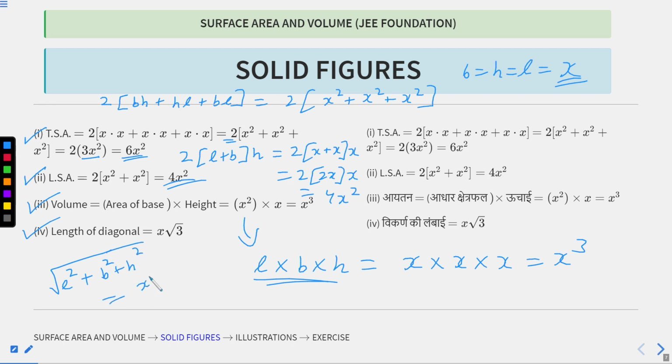Here it is the square root of x square plus x square plus x square, which equals the square root of 3x square, and we can take out x because it is x multiplied by x. Whenever we have a pair of the same number inside a root, we can take that number outside the root. I hope you can easily recall these formulas without any issue.